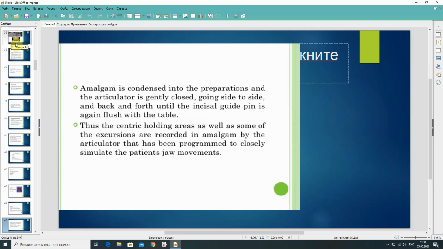Amalgam is condensed into the preparations and the articulator is gently closed, going side to side and back and forth until the incisal guide pin is again flush with the table. Thus the centric holding areas as well as some of the excursions are recorded in amalgam by the articulator that has been programmed to closely simulate the patient's jaw movements.